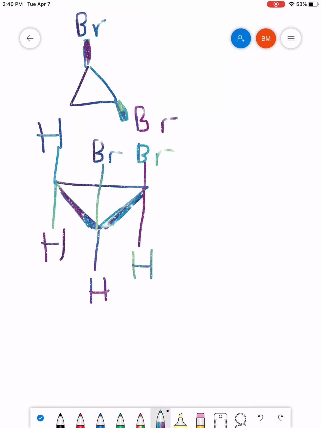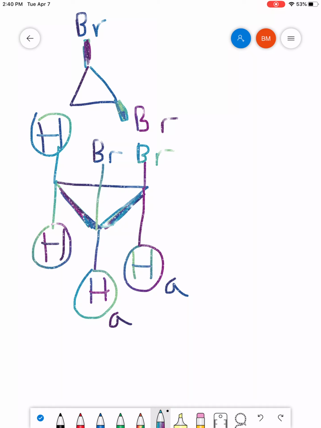So if we're looking at this, I think definitely this one and this one would be the same. This one would be unique. It's definitely much closer to the Br's than this one is. So again, I think this one would have 3 signals. Again, I can't stress it enough. It's all about the environment that the individual H's or groups of H's see.